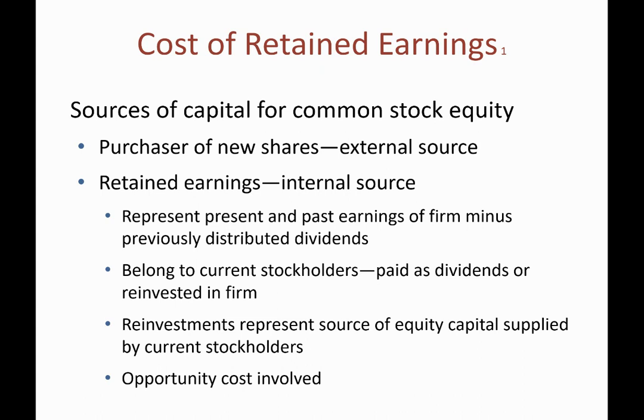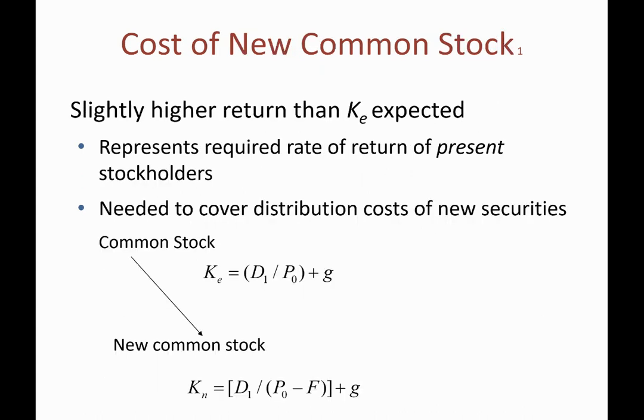Because of that, we need to compute the cost of retained earnings, and that will be part of our discussion later on. Or if the firm decides to issue common stock, we could use the issue of common stock to determine the cost of retained earnings, or we could use our current cost of common equity to determine whether that should represent the cost of retained earnings.